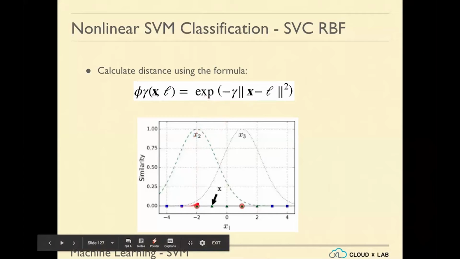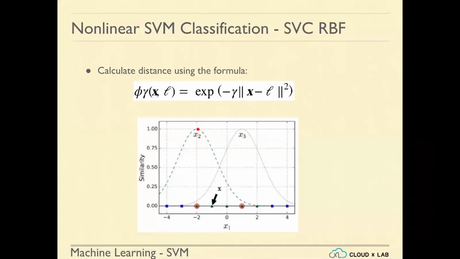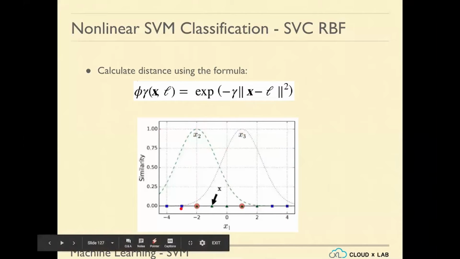A tiny distance leads to a huge value because of the exponent. Since the distance was 0, e to the power 0 is 1, and when there is some distance, we square it, therefore it comes out like this.